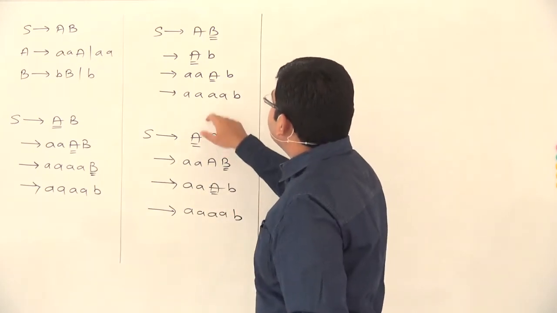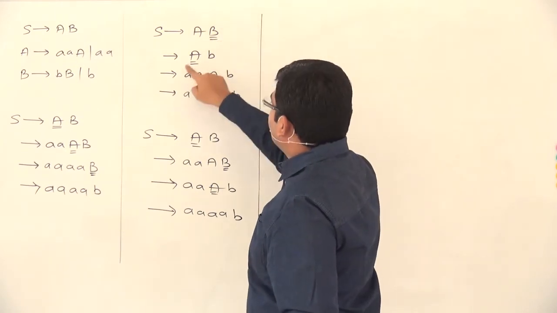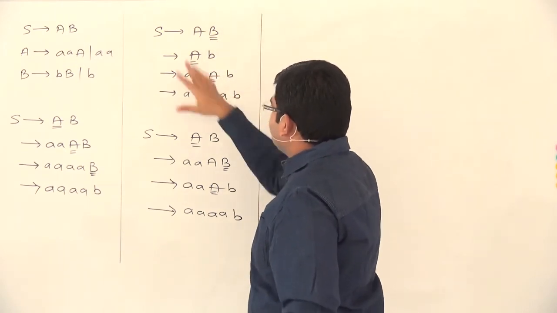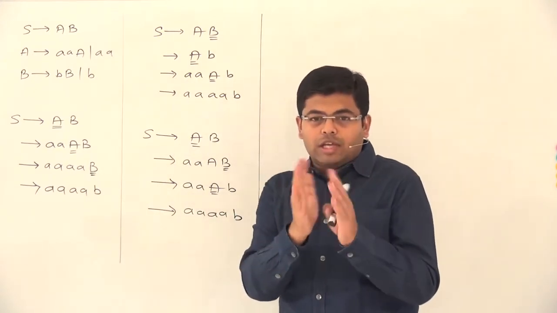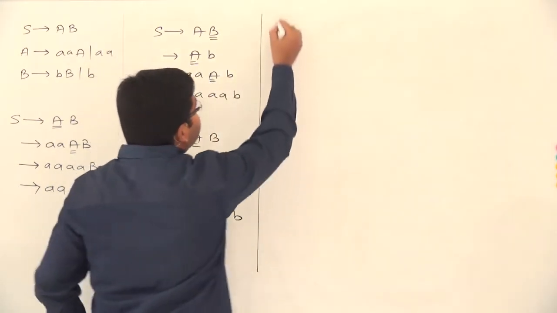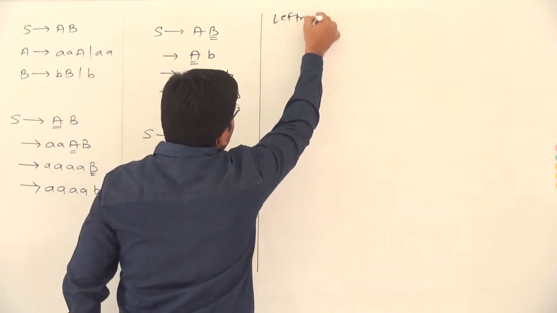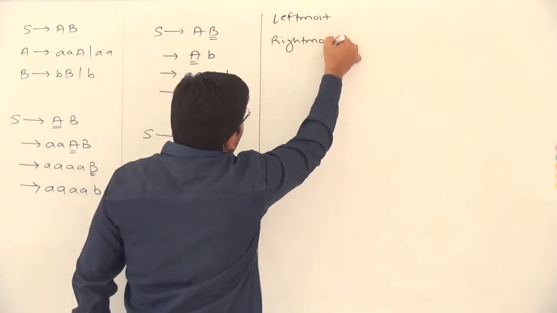And in this case, we replaced the rightmost variable in the first part, and then only one variable was left, and then it was replaced. Now herein we get two types of derivations. One is called leftmost derivations, and the second category is called rightmost derivations.